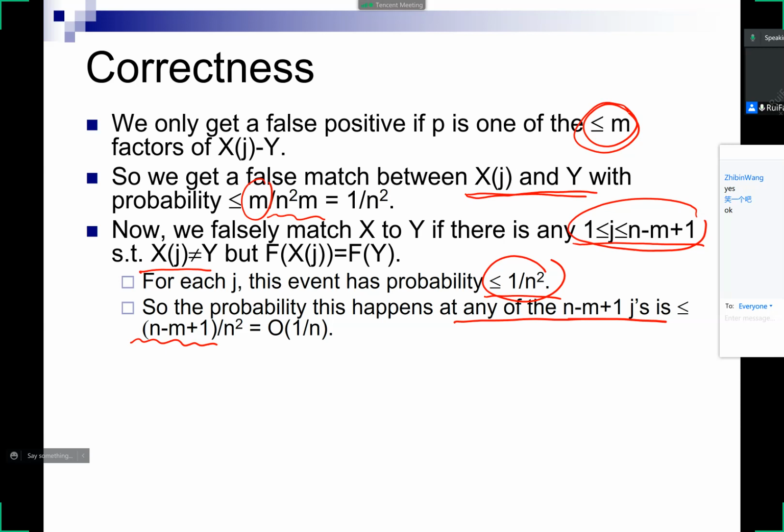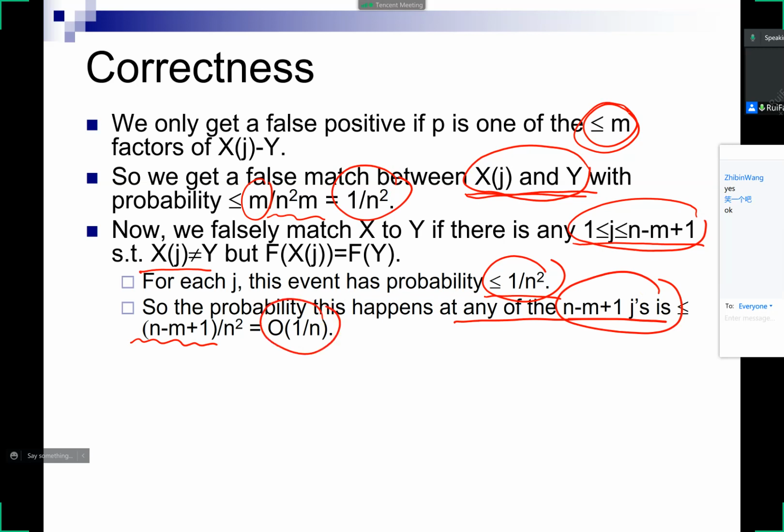Okay, so now here our individual events are that one particular xj and y gets a false positive, right? And this has at most a 1 over n squared probability. Okay, and then because we have this number of j's in total, the probability that any j creates a false positive is at most the sum of all of these individual 1 over n squareds.